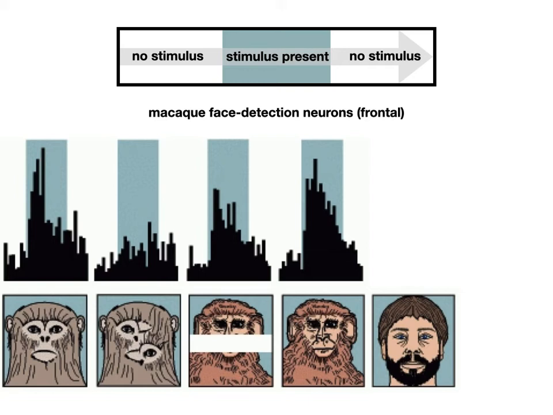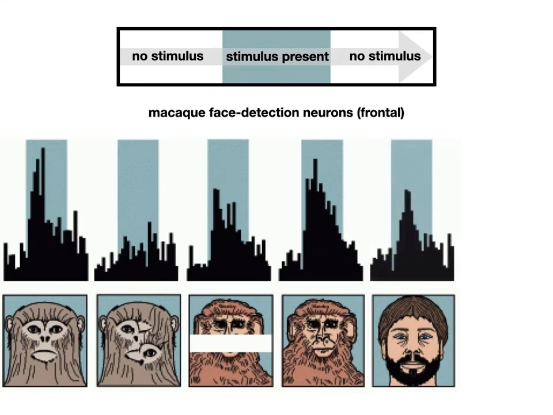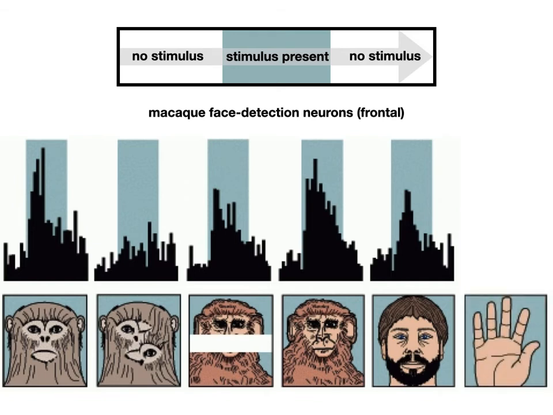It has all the right features in the right places, but they're a little off from what the macaque is trained to do, right? Now, as a control, what about a hand? Well, a hand has nothing in common with all these faces. And so, as expected, there's almost no activation.